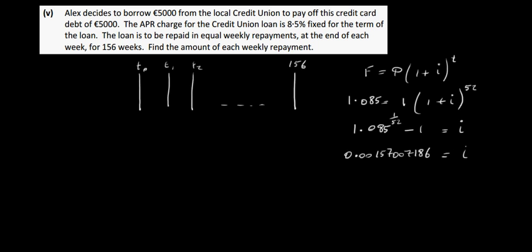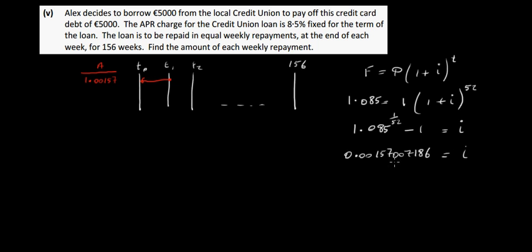Okay, so if you were to get the present values then of all of these amounts, similar to what we did in part A here, so if we take this amount here, get the present value of it, you would be looking at A over 1.00157.